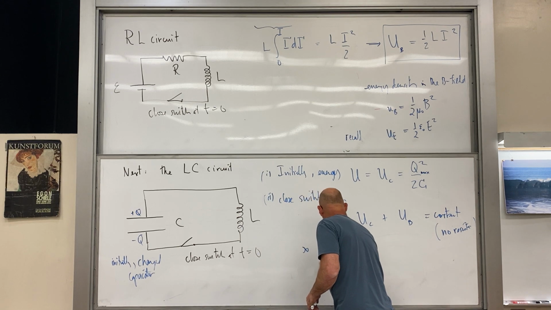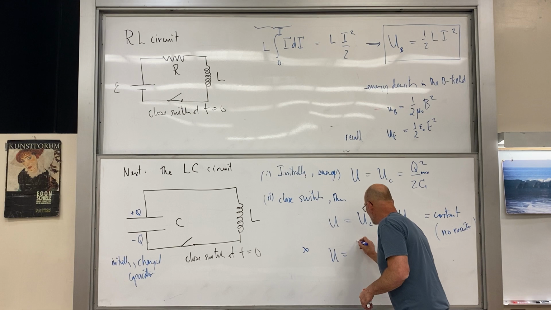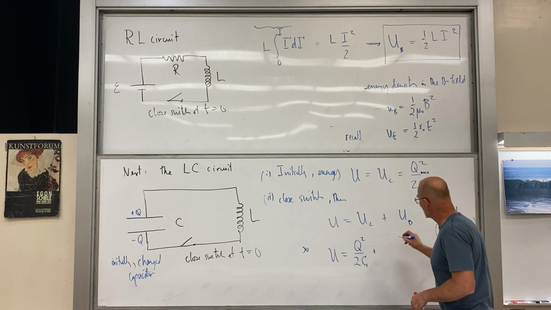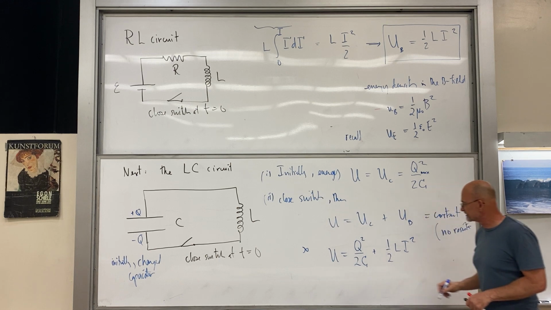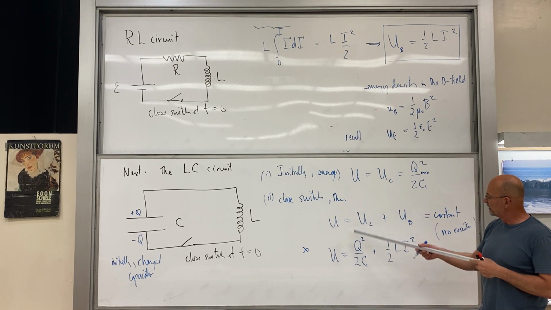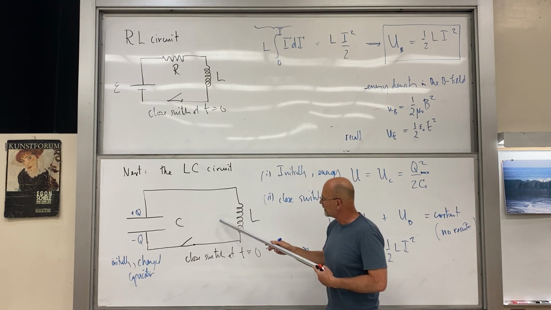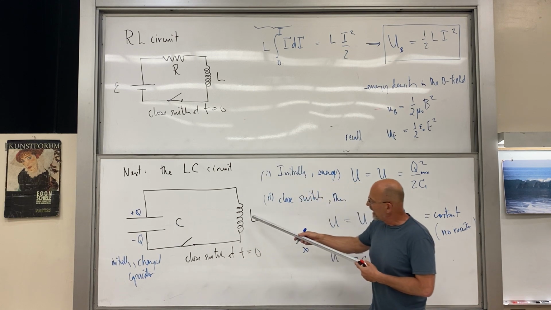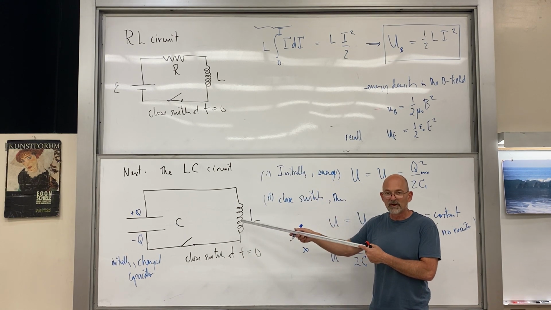So what do we have? U is equal to Q squared over 2C plus 1/2 L I squared. Physically, what's happening: we close the switch, a current starts to flow, and the current flows through here, a B field is built up, B squared.